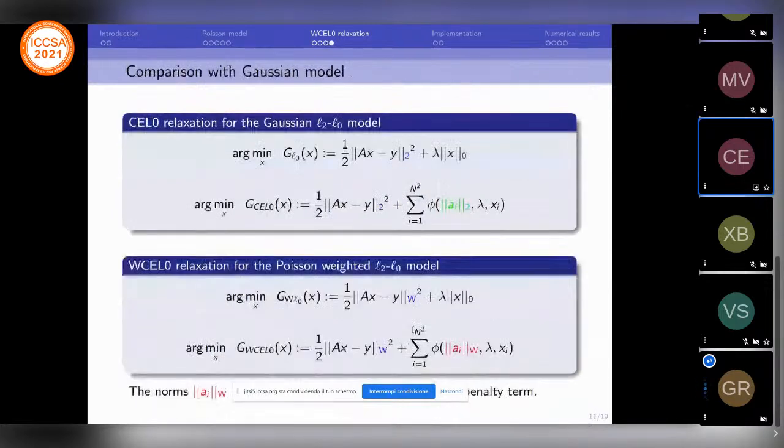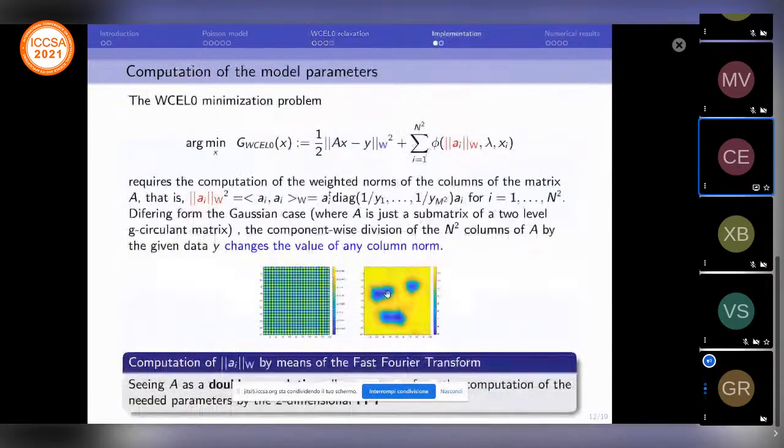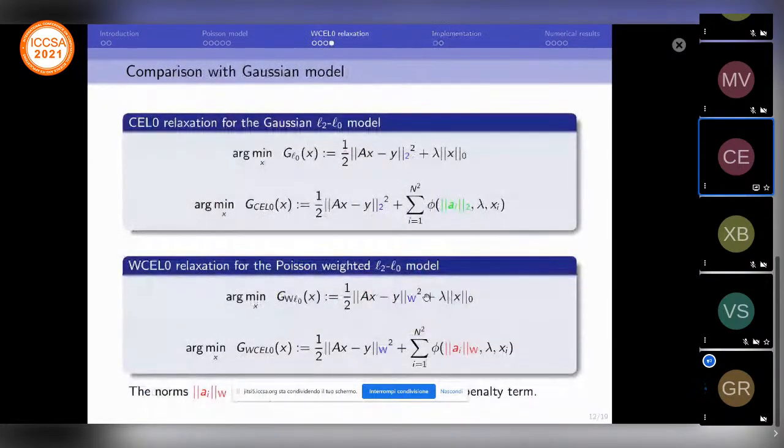It is continuous. And we can just compare here the Gaussian case, G of 0, and the weighted one. We have different penalty. Here, the red norms means that the penalty now depends on the data Y, different from the Gaussian case in which the norm of the column will not necessarily always be the two norms.